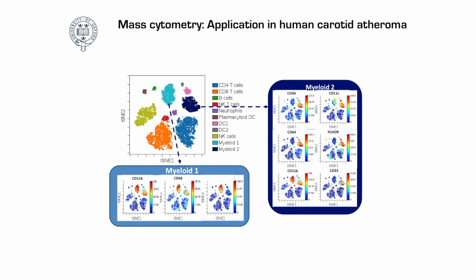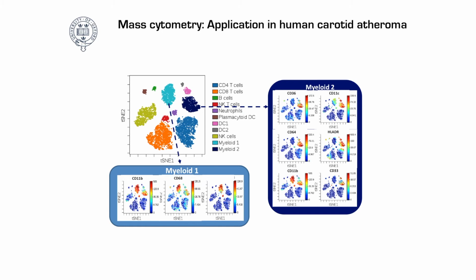And as an example, I wanted to show again how the CD11C macrophages we spoke about before feature prominently in human atheroma dissociates. You can see a very good majority of cells which are expressing CD64 are also expressing CD11C.